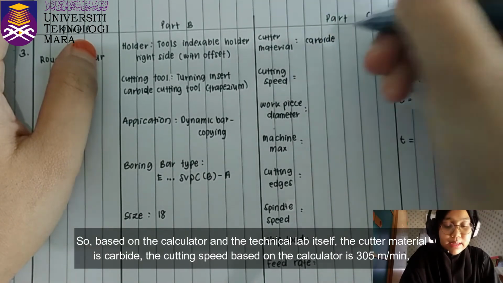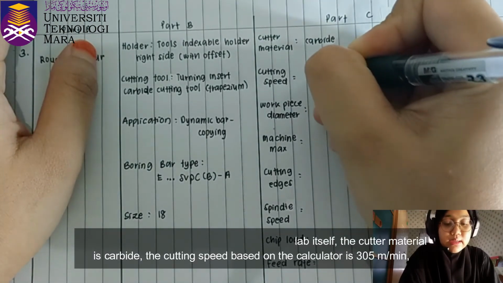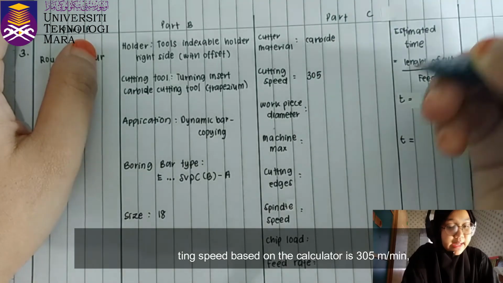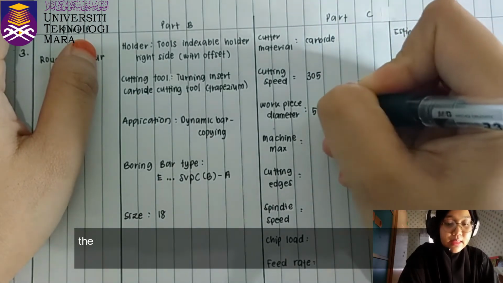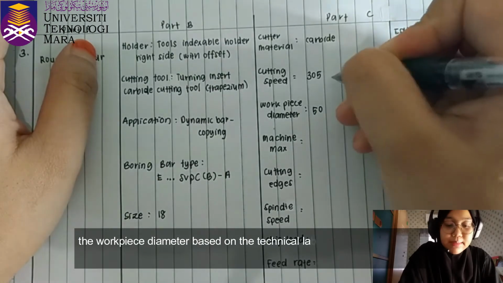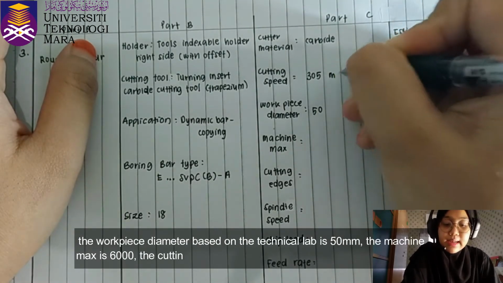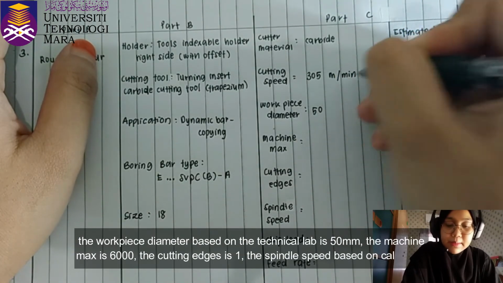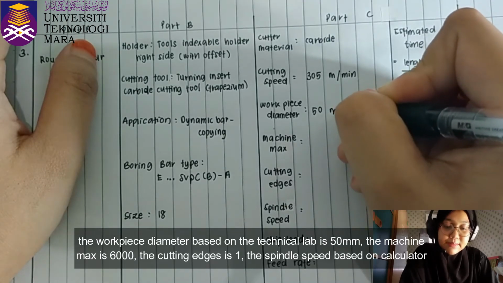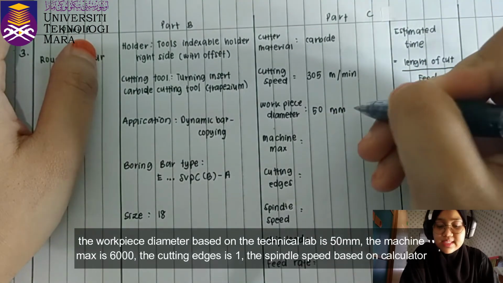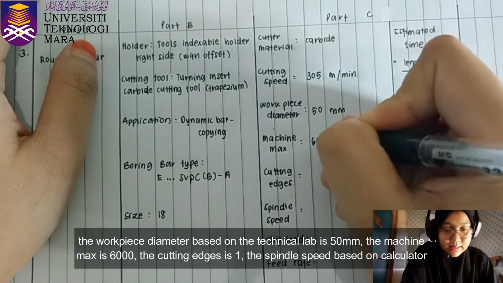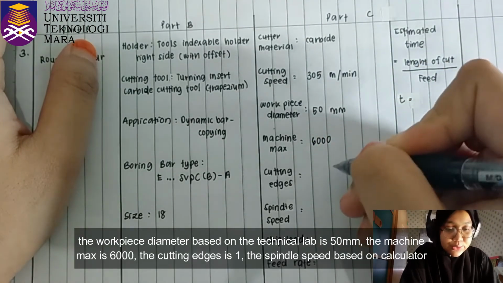The cutting speed based on the calculator is 305 meter per minute. The workpiece diameter based on the technical lab is 50 mm. The machine max is 6000. The cutting edge is 1.